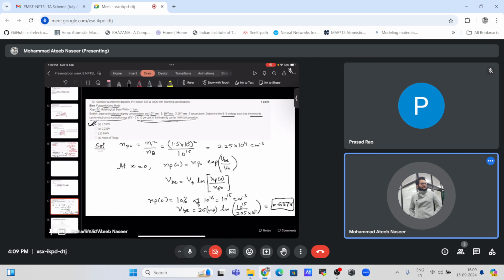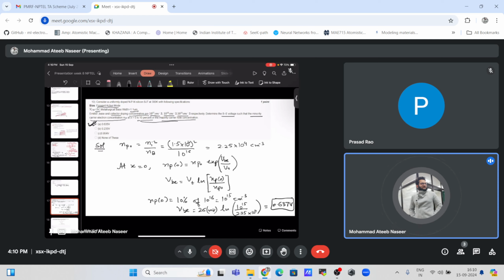What we have done is solved some of the problems associated with the BJT, considering what we had done previously, that is the PN junction. We just said that it is nothing but one PN junction forward biased and the other PN junction reverse biased for the forward active mode. That's what we saw for all the BJT problems.